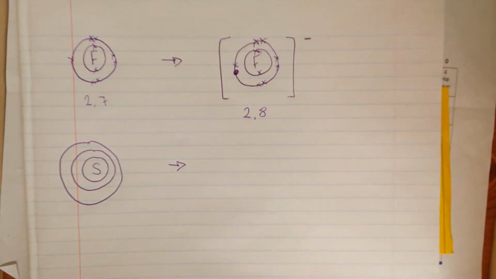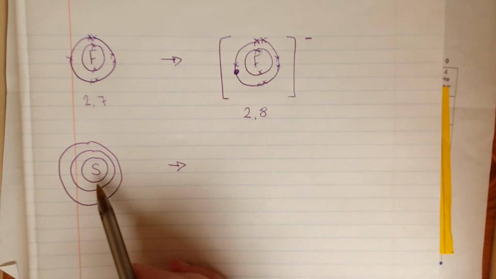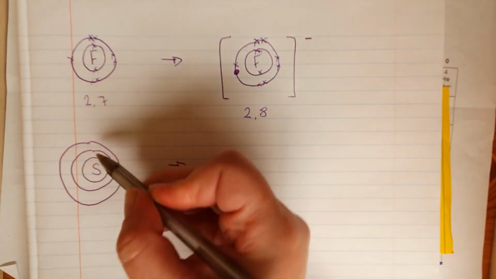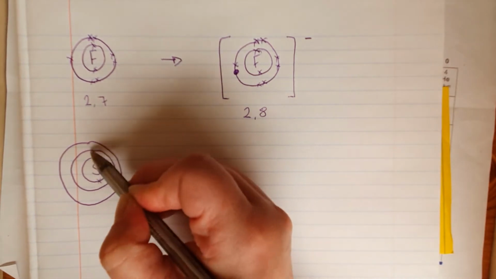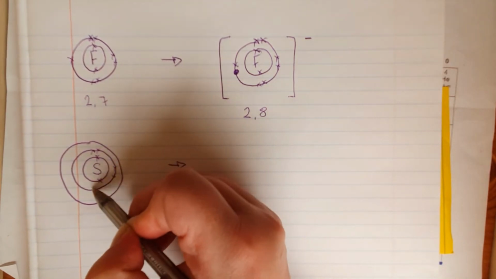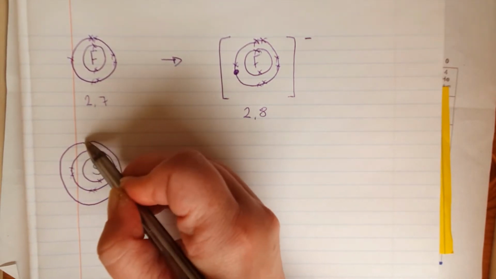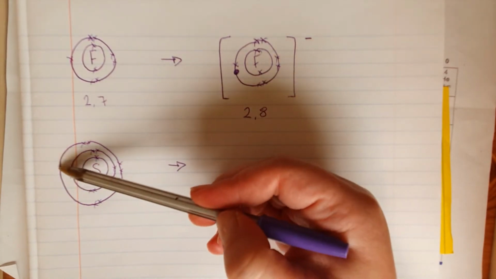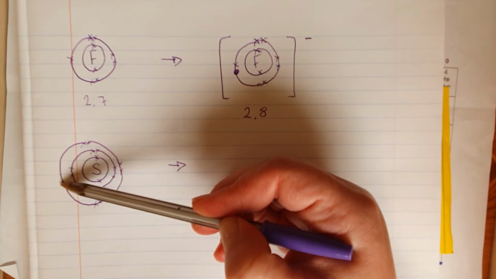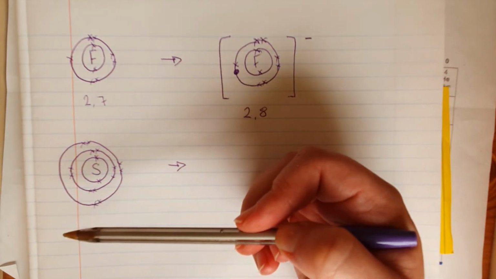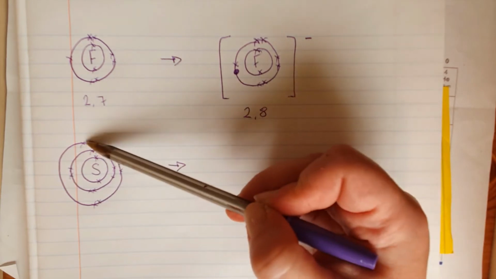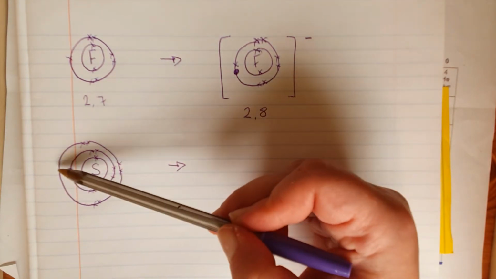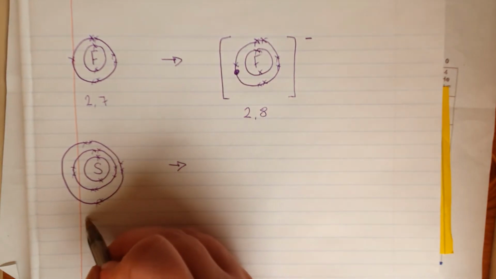Let's draw another one. Let's look at sulfur. Sulfur has an atomic number of 16. 16 means 2, 8, 6. And there's 2 spaces. So is it easier to fill those 2 spaces or lose the 6? That's right, it's going to fill those 2 spaces.